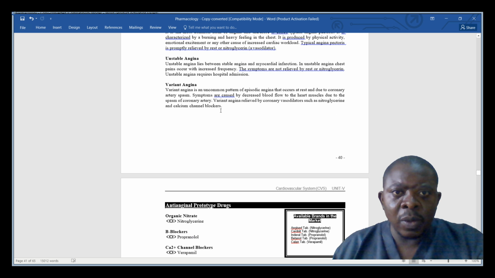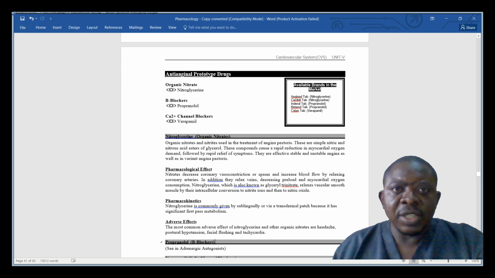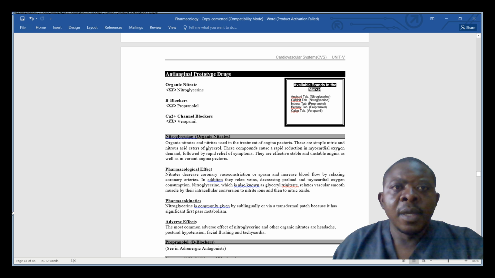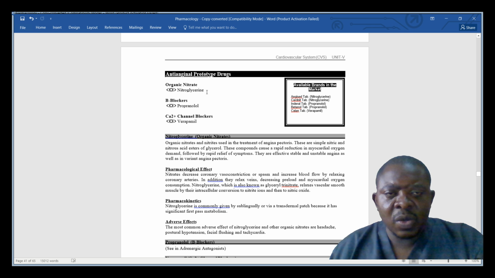So let us now look at the anti-angina prototype drugs. We have organic nitrates, beta blockers, and calcium channel blockers. Under organic nitrates, nitroglycerin is an example of the drug, under beta blockers is propranolol, and under calcium channel blockers we have verapamil.